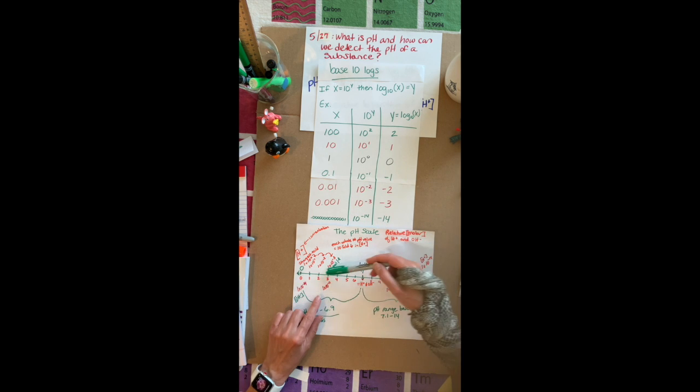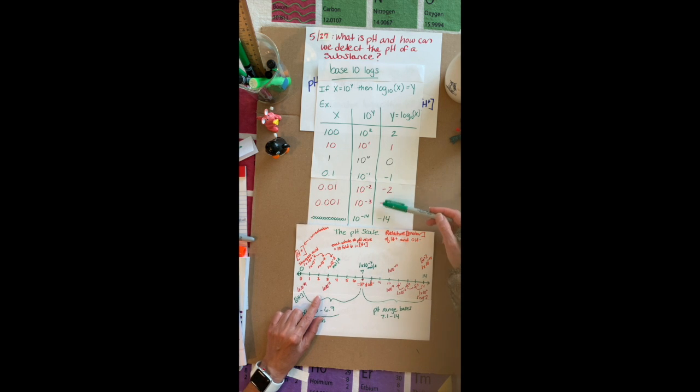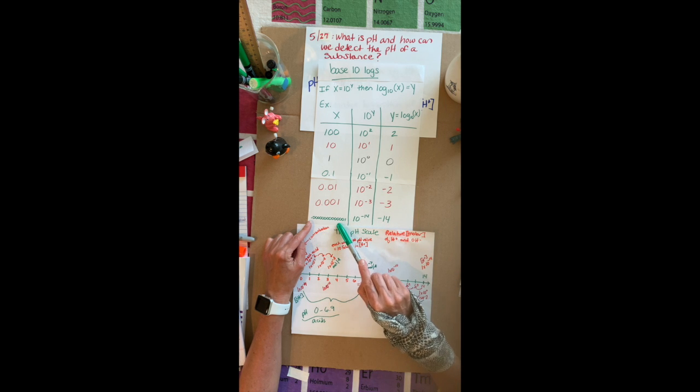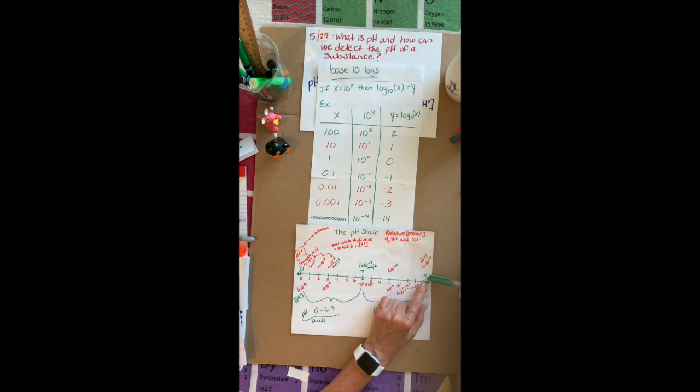We could do this for all of these pH values, but let me jump way ahead. 10 to the negative 14 is represented this way, and the log is negative 14. That correlates to a pH of 14, which is the strongest base.